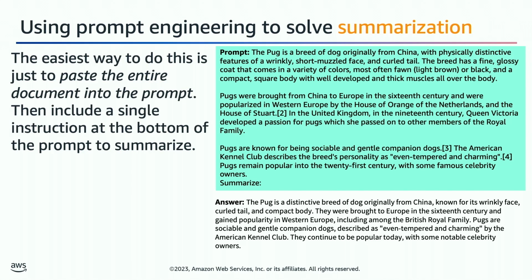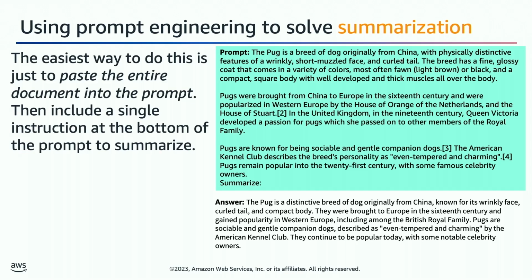Just take the entire document that you want summarized, paste it into the prompt, and then include a single instruction at the bottom of the prompt. In this case, I pasted in some paragraphs about pug dogs that I got from Wikipedia, and then we see this prompt.